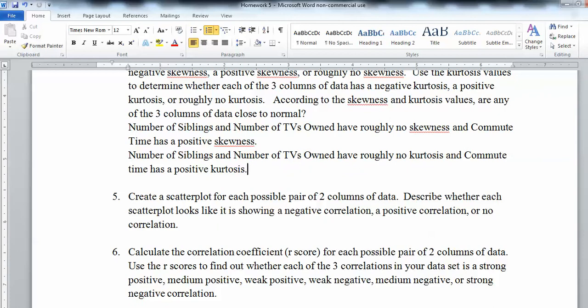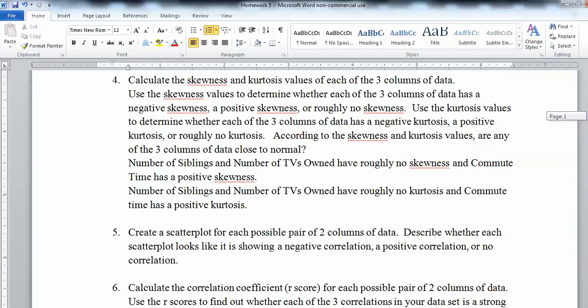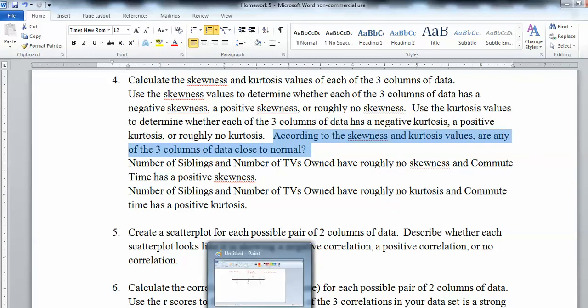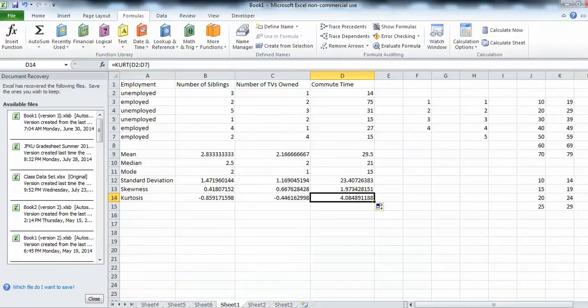Let's see if we finish this question. Are any of the three columns of data close to normal, meaning close to a normal distribution? It's close to normal if you have roughly no skewness and roughly no kurtosis. So if both skewness and kurtosis are between -1 and +1, then you can say that it's roughly normal.